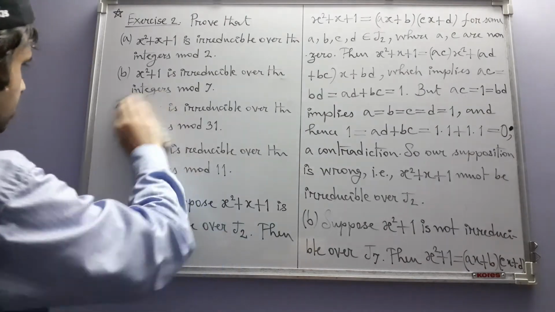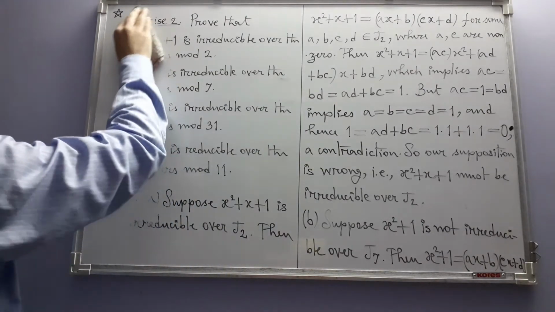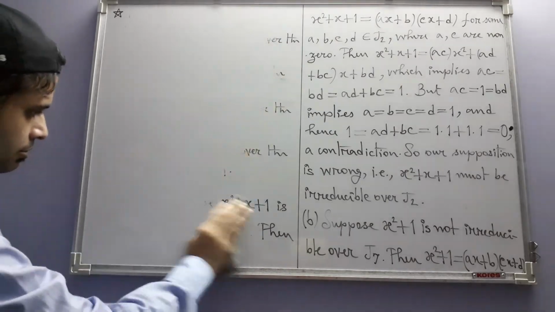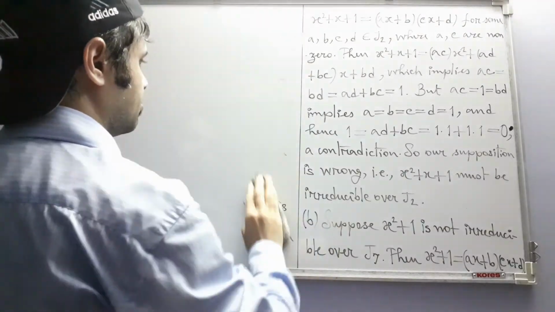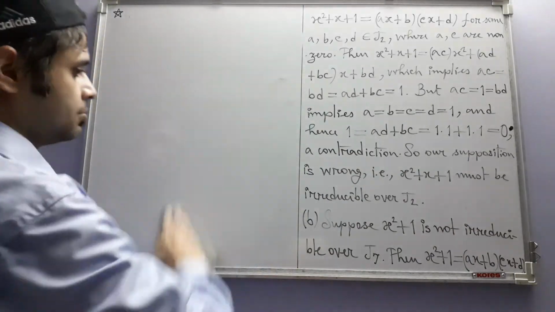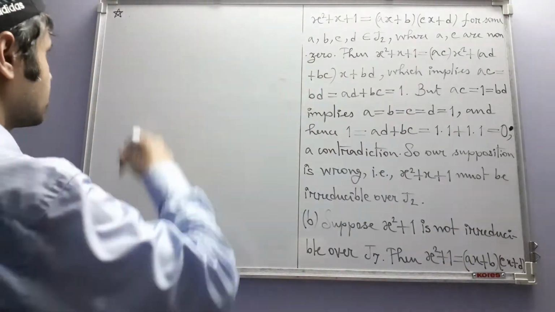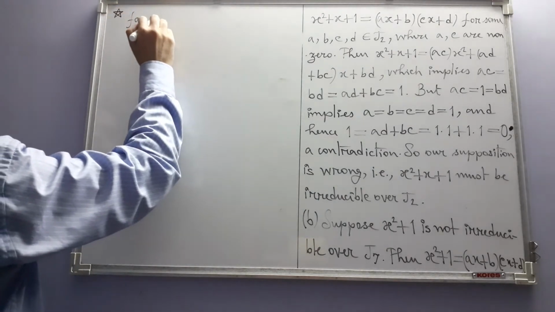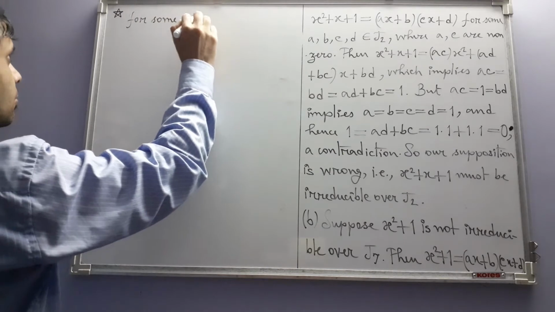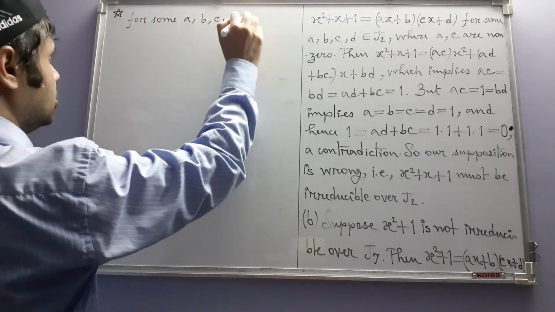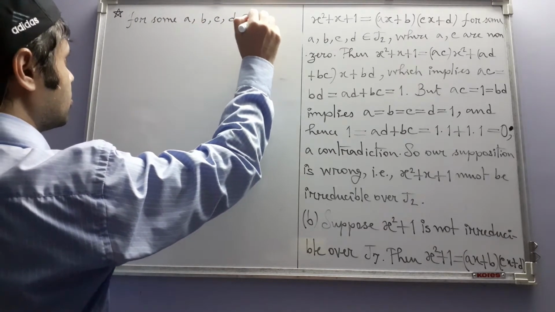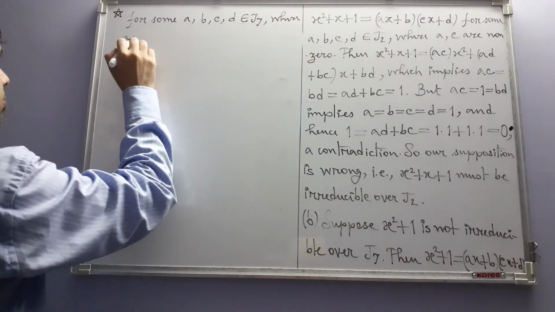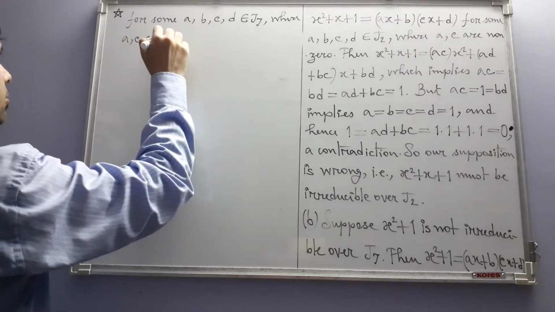Polynomial is still of degree 2, but the field has changed. Same conditions for some a, b, c, d in J7 where a and c are non-zero.